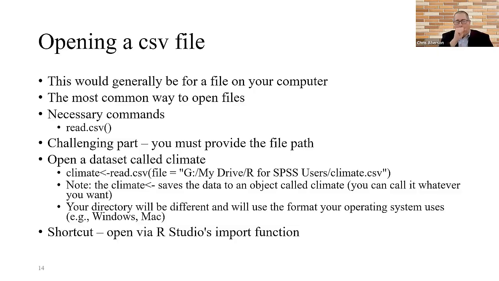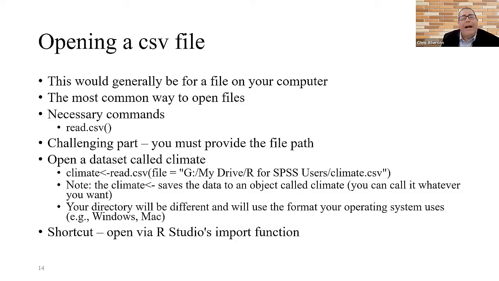I have a data set that's called climate. It just measures various aspects of attitudes toward climate and some personality measures. I'm just using it as an example here, and we'll practice opening that up. The data set called climate, if I wanted to open that, I would issue the command read.csv, and I'll talk about the other stuff on the left in a second.